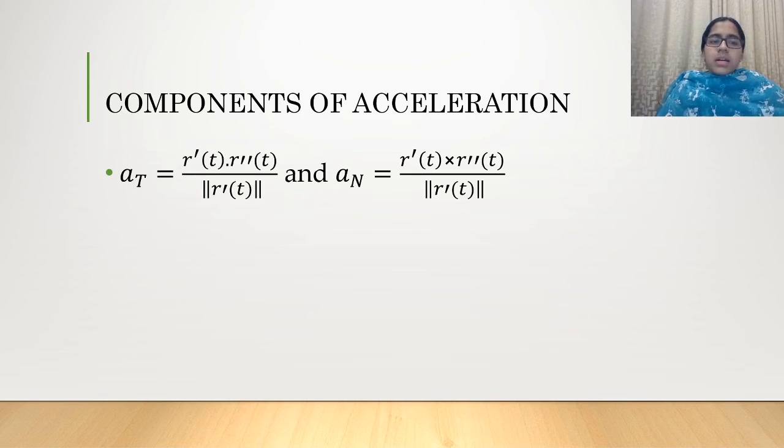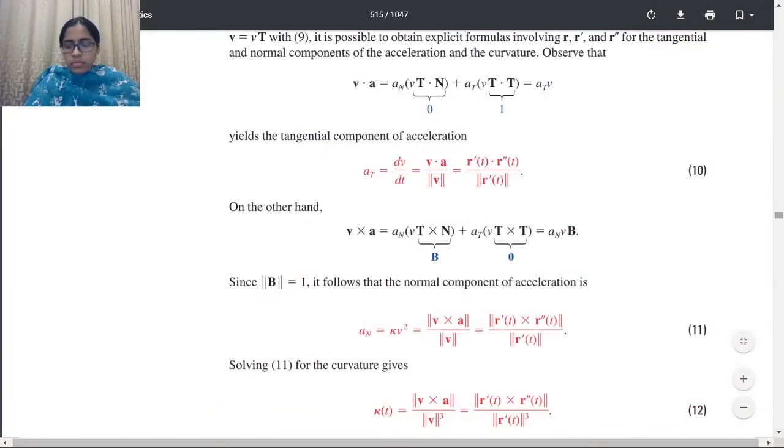So that is r dash of t dot r double dash of t by magnitude of r dash of t, and a n was kappa into v square. So that is none other than r dash of t cross r double dash of t divided by magnitude of r dash of t. So there is just the difference between dot product and cross product. Just keep this in mind. Now let's see another example which depicts the same.